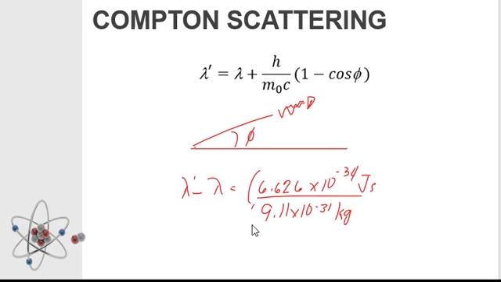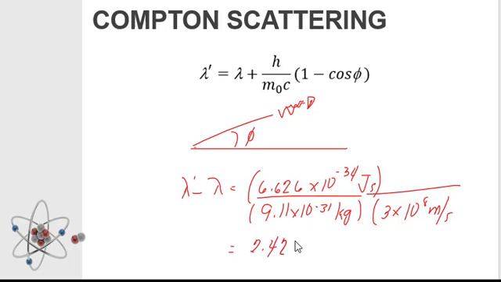And then you have 3 times 10 to the 8th meters per second, so that is the speed of light. This value is equivalent to 2.426 times 10 to the negative 12 meters.